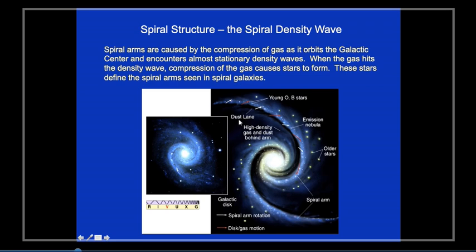So gas and dust comes up and overtakes this wave. And when it hits this wave, there's already material there, so gravity is going to cause it to slow down and compress, right? Gravity causes the material to compress. New stars form. Now those stars are still moving at the same speed as the gas and dust.